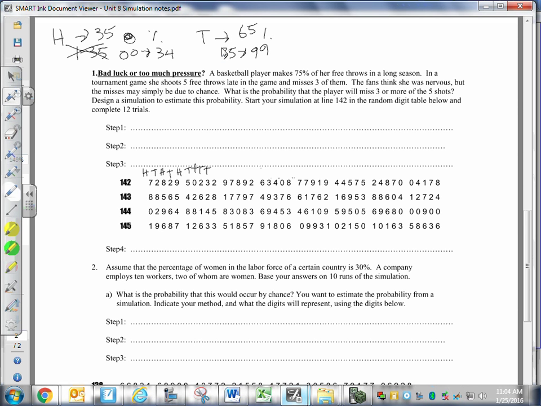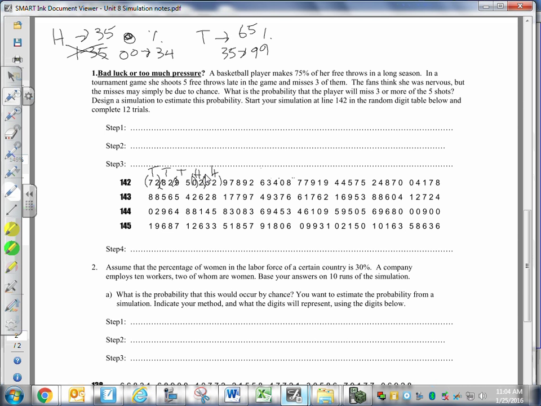And now I can look at 2-digit numbers, and that would represent these coin flips of this really weird weighted coin. So I could say 72, that's a tail. 82, tail. 95, a tail. 02, that's a head. 32, that's a head. And so on and so forth. And all of a sudden, I am simulating a weighted coin, which is really cool.